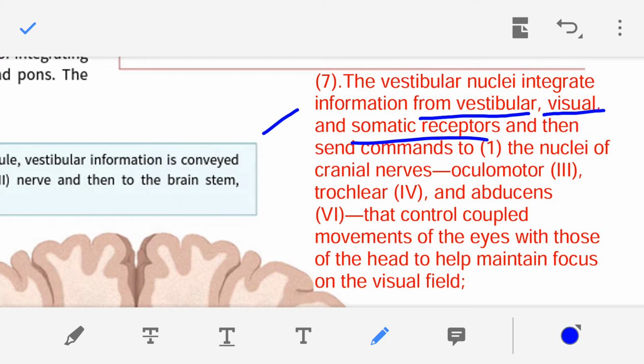From all these organs the information reaches the vestibular nuclei.